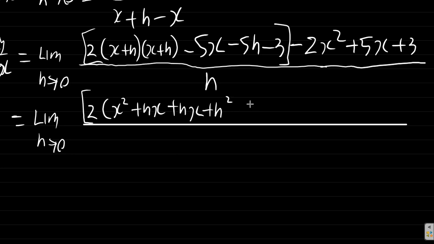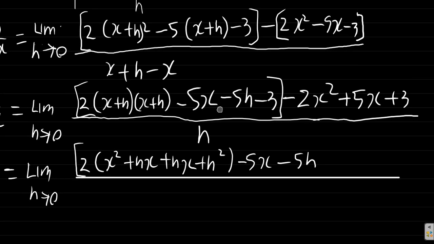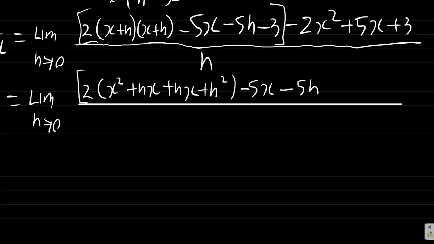You see that? So after that, minus 5x minus 5h, right? Then minus 3. We still have a square bracket, minus 2x squared plus 5x plus 3 over h.